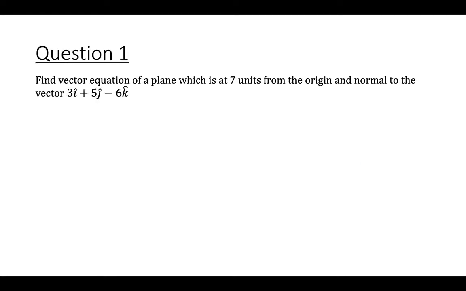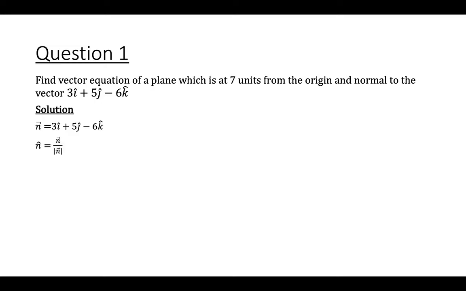Now questions. Question number 1. Find the vector equation of a plane which is at a distance of 7 units from the origin and normal to the vector 3i plus 5j minus 6k. Here, vector n equals 3i plus 5j minus 6k.